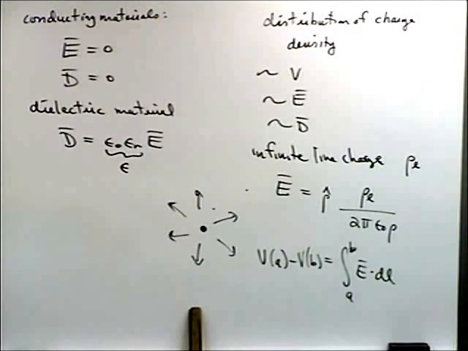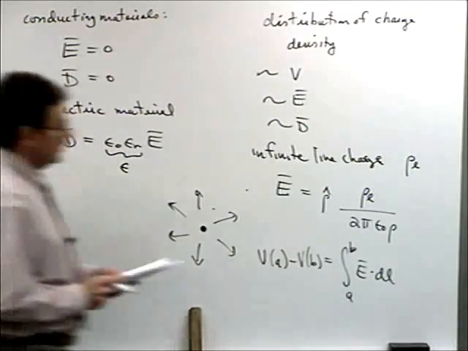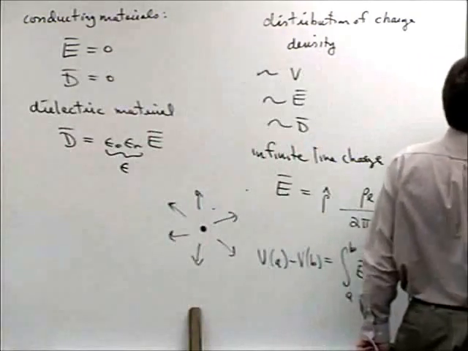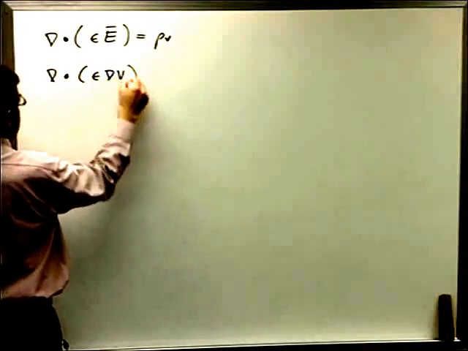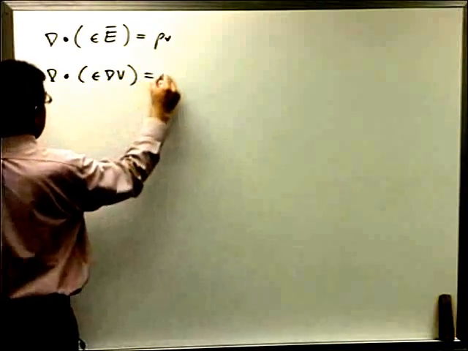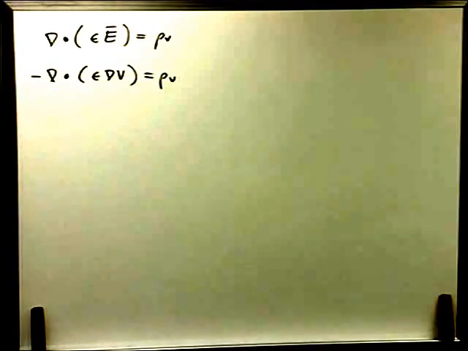And then we could take the first equation that says E is minus the gradient of V, substitute that in for E, and then this becomes divergence of epsilon grad V with a minus sign is equal to rho V. Okay.